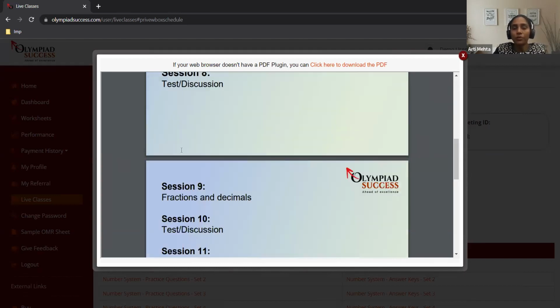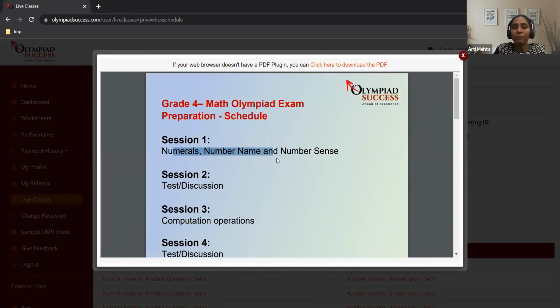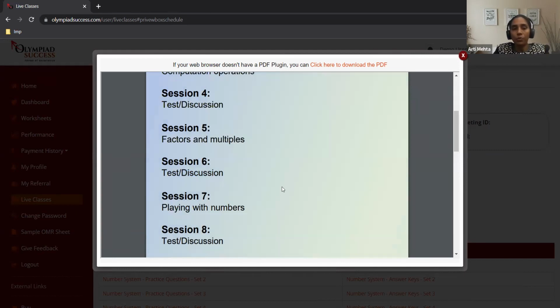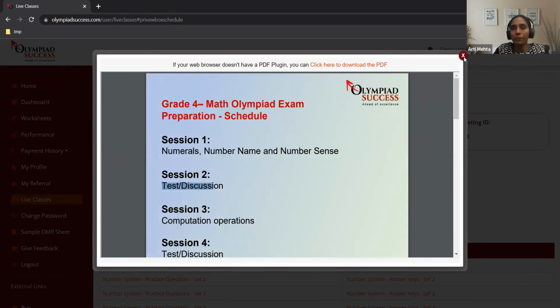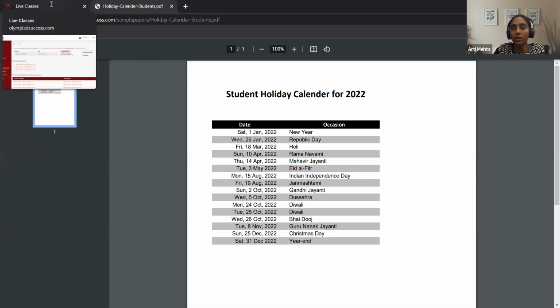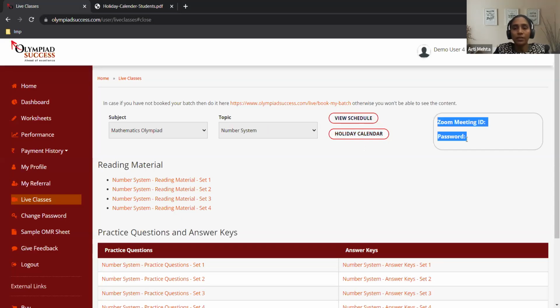As you notice, in session 1 we would first be revising, and then in session 2 we would be discussing and conducting a test. This technique would be followed for the following sessions as well. If you click on the holiday calendar, the list of days on which classes will not be conducted would be displayed. And here your Zoom meeting ID and password will be displayed.